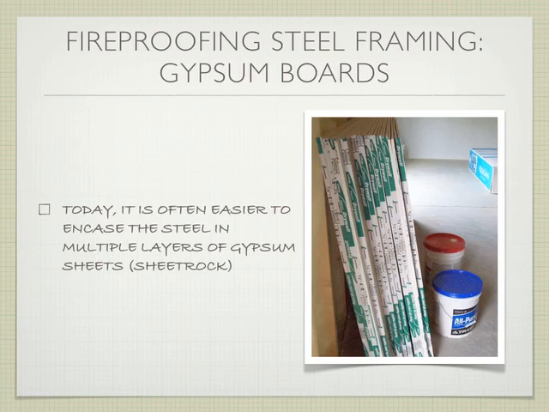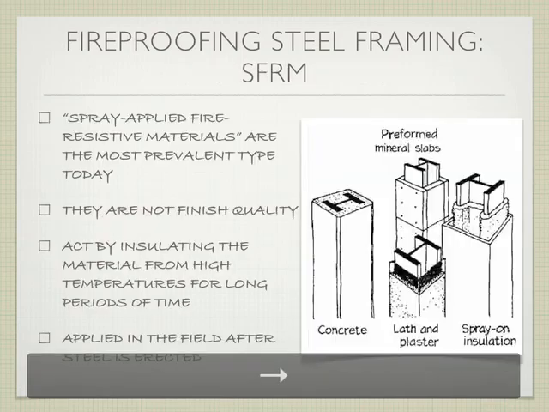So we put multiple layers together, overlapping one direction and then the opposite direction, to give us better fireproofing at the corners. Obviously, if we had fireproofed the Twin Towers using sheetrock, the same thing would have happened. So it's not something that can always work.